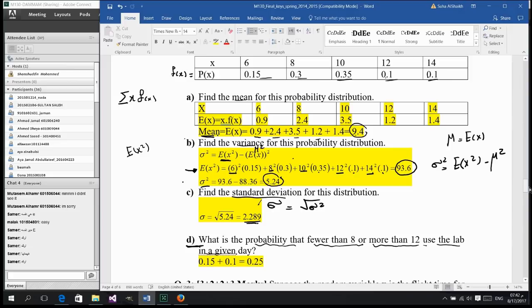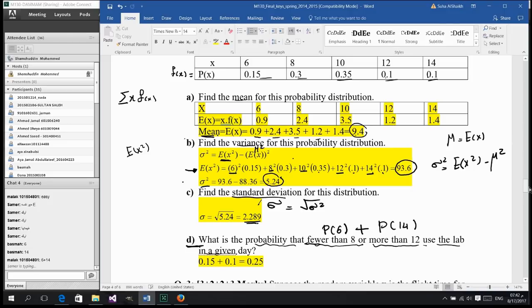Fewer than 8, I'm talking about a probability of 6. More than 12, I'm talking about a probability of 14. So just add the probability of 6 and the probability of 14. This will give you the result.